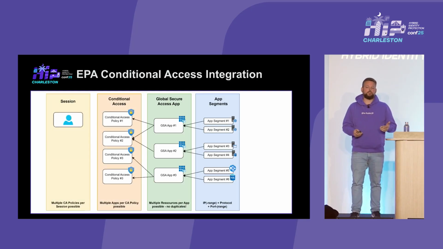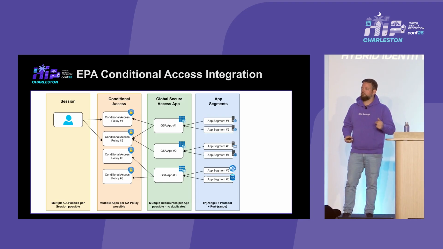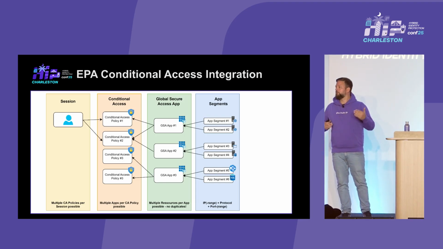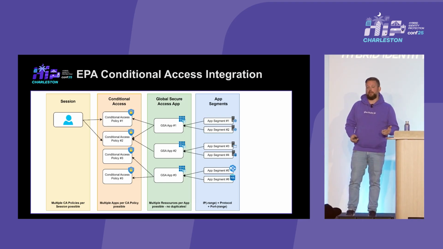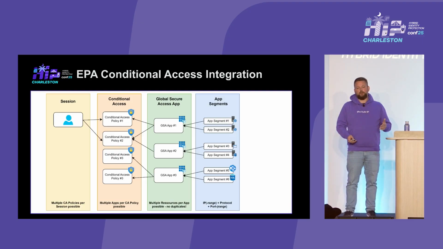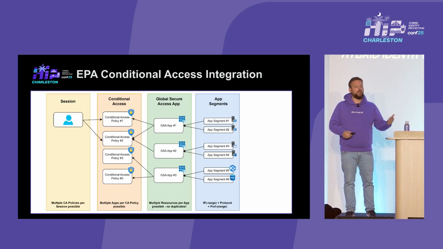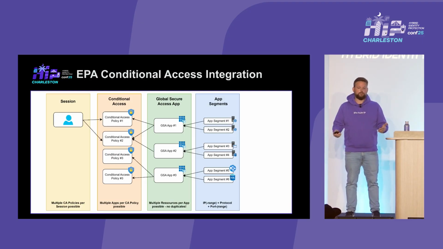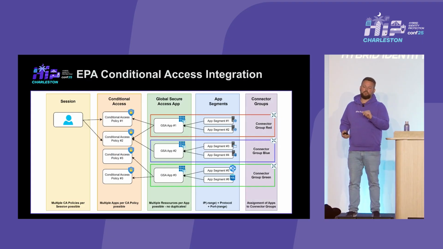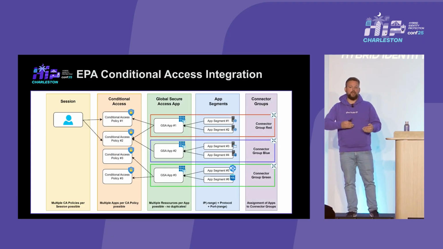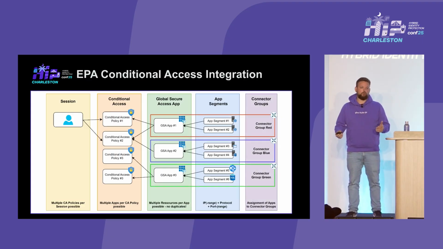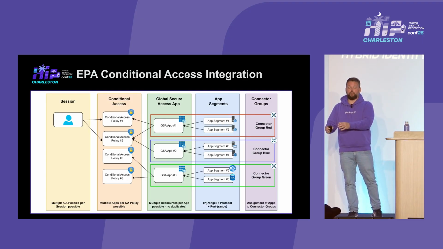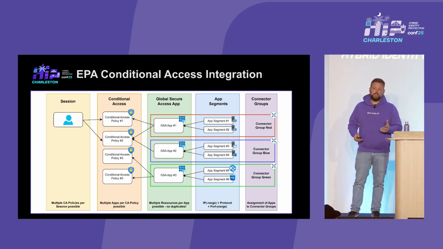If a user is establishing a session, usually one or more conditional access policies are applied. As an example, one could enforce MFA and one could enforce device compliance. And what we have also seen is that at the app level, we have a connection to the different connector groups. So where in your complete network environment should the packets fall out of the connector?